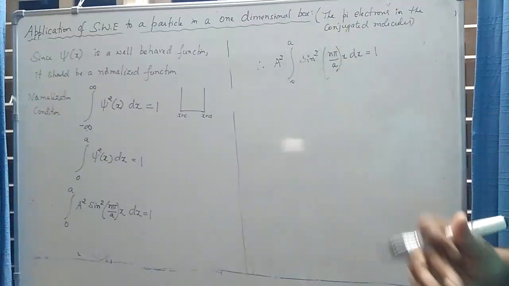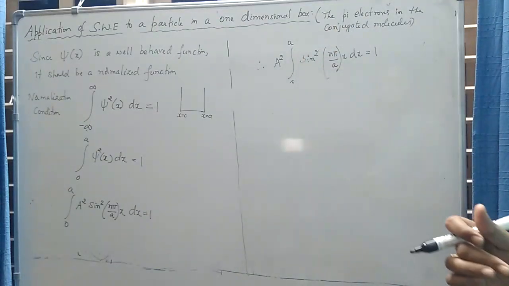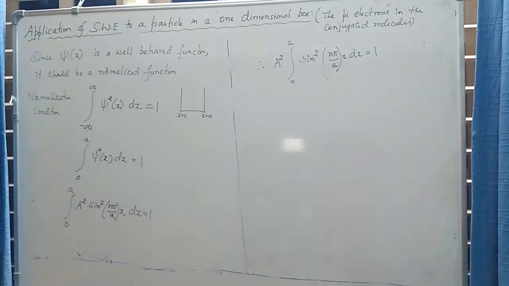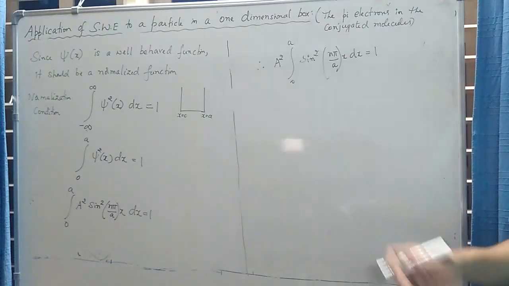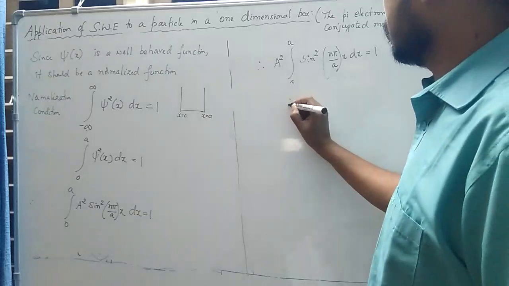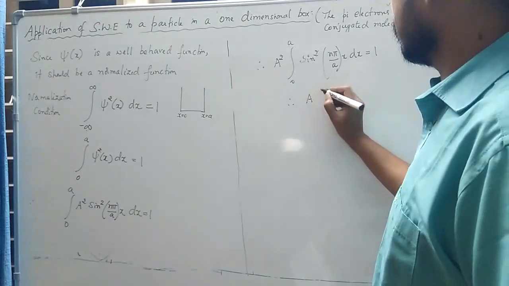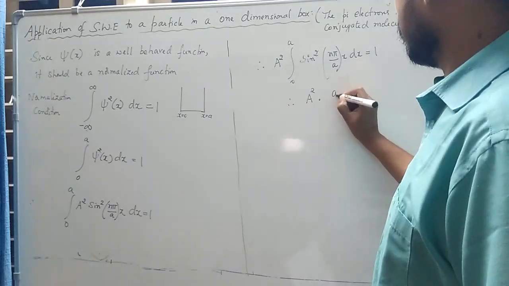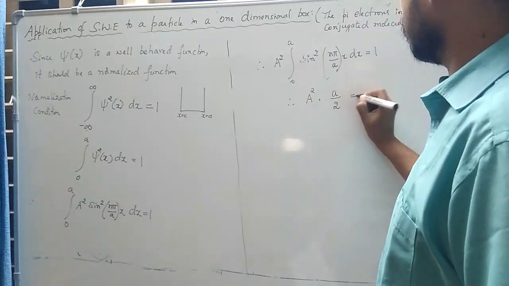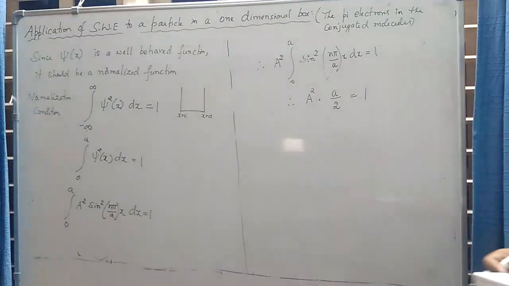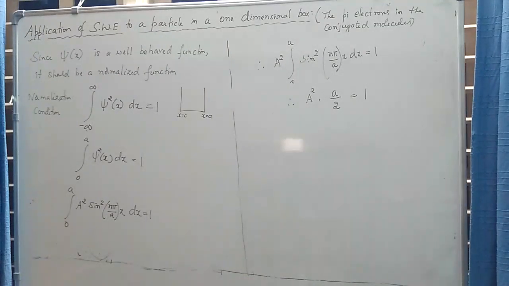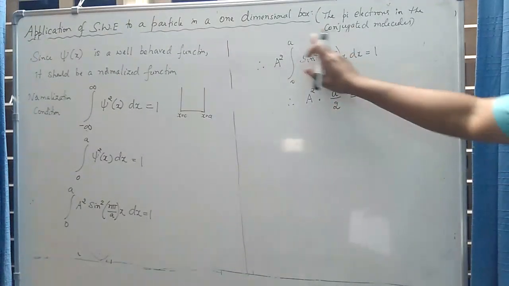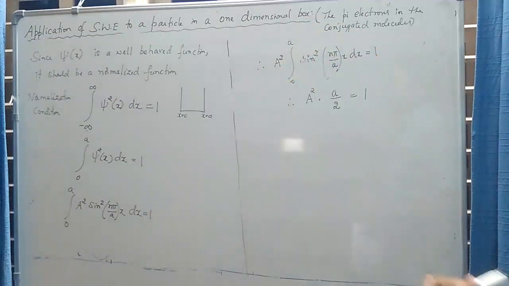We will avoid the mathematical part and directly show the value on solving this integration: finally A square into a divided by 2 is equal to 1. Here a by 2 is obtained after solving this integration.